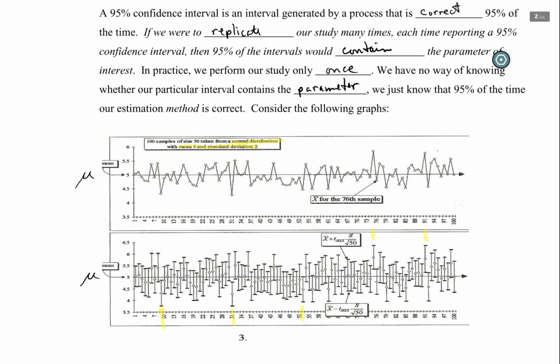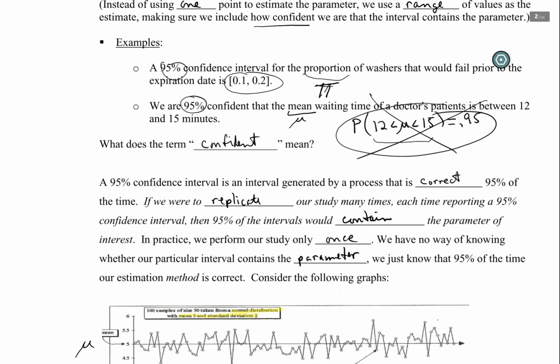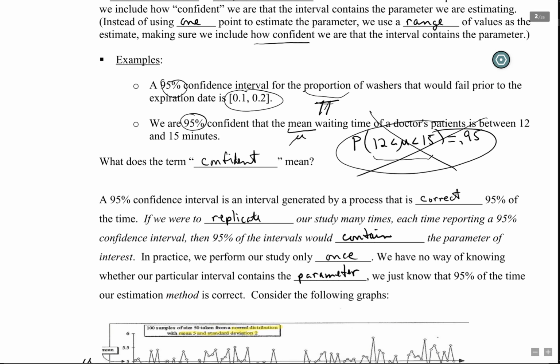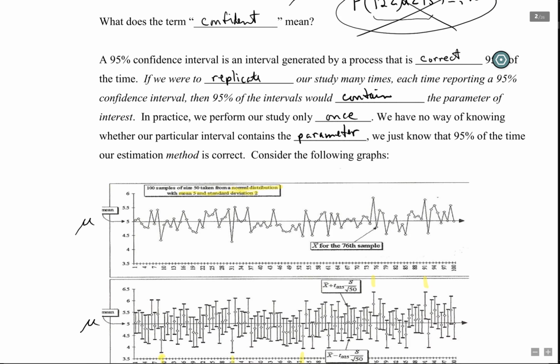Note that in practice you only have one confidence interval computed, and that's what these examples were about. You don't know whether or not your particular interval captured the parameter. You're just 95% confident, or say 90% confident, whatever your confidence statement is, that your method is right.